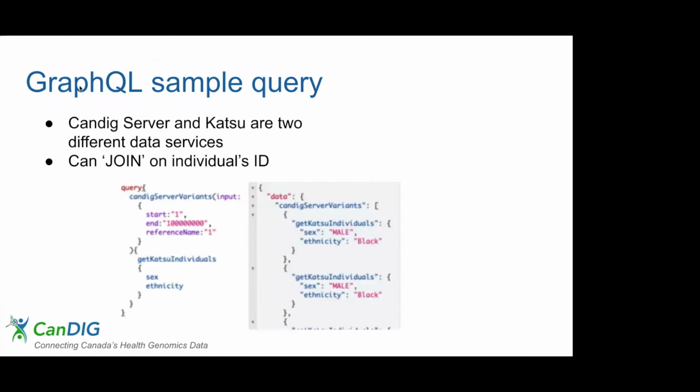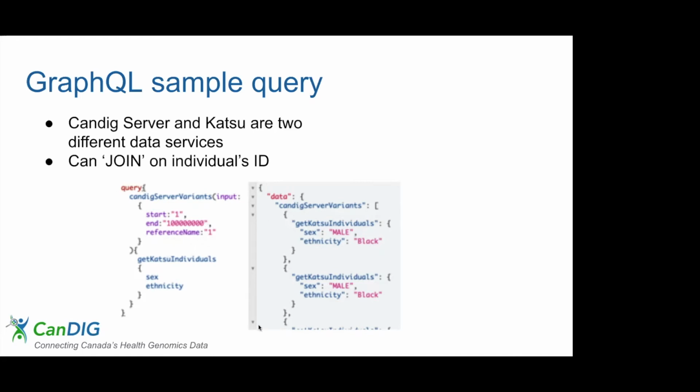So here is a GraphQL sample cross-service query. In this example, we show that we can query CanDIG server variants with constraints like the input start as one and reference name as one, and we can join in Katsu individuals by their individual's ID.